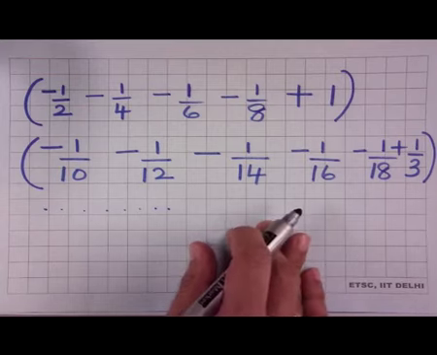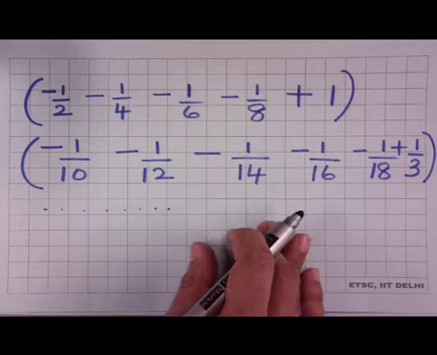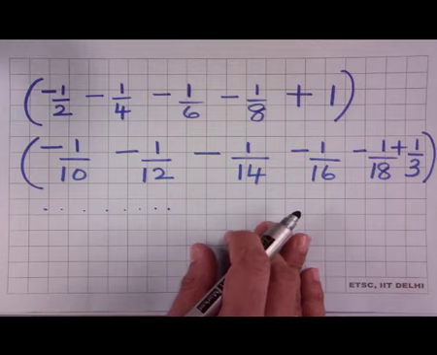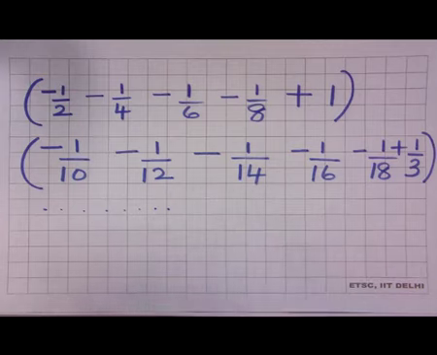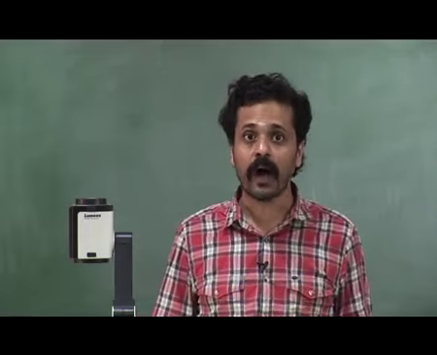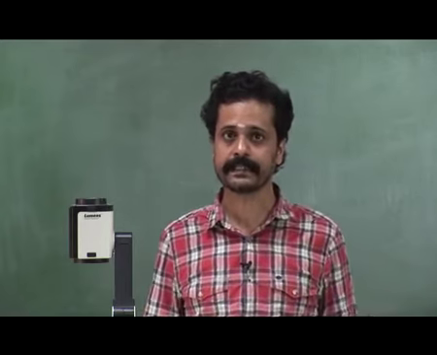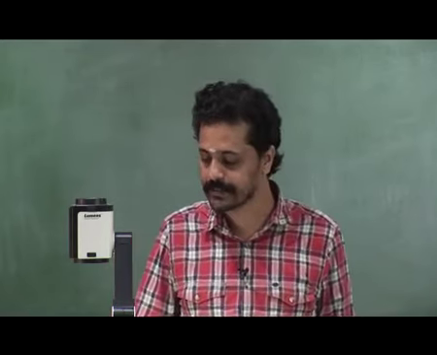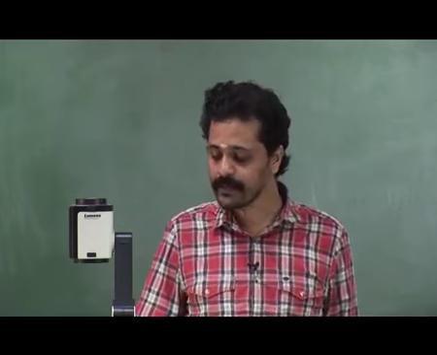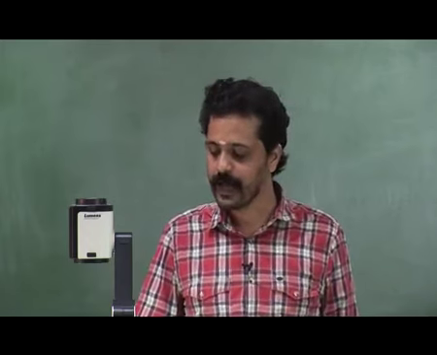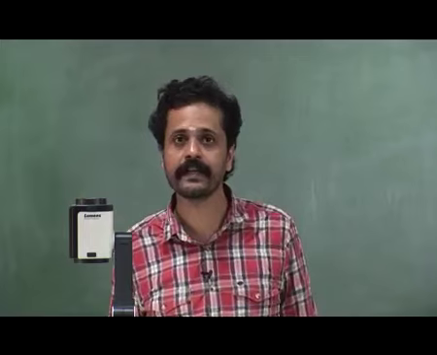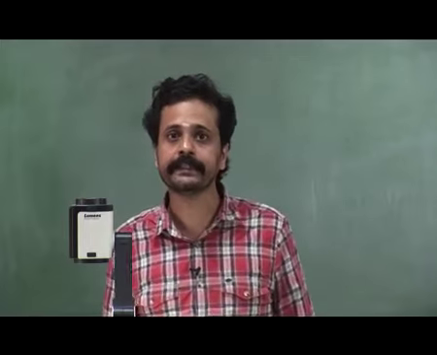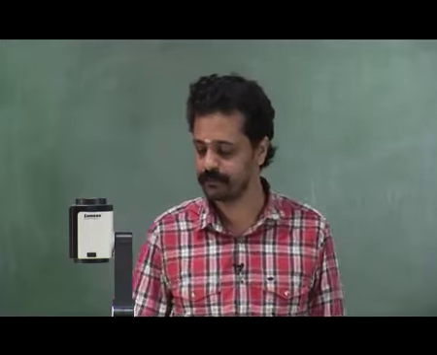Then it should be clear that the sum of the given series can never be positive. So, what we observe in this example is that the ordering of terms appearing in an infinite sum matters a lot.